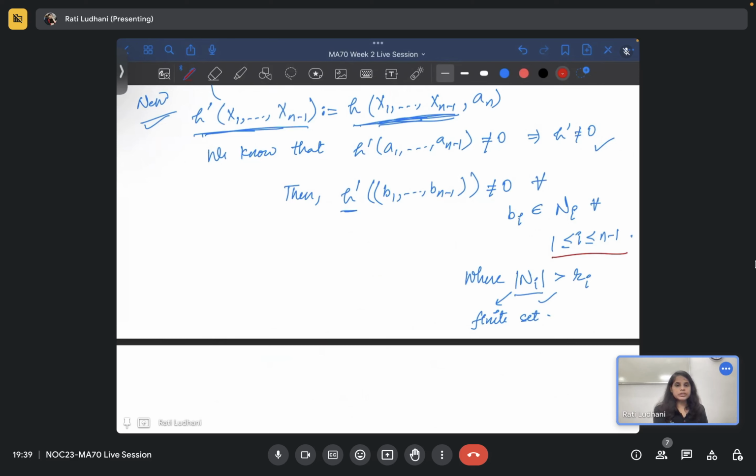That I need to create. From the induction hypothesis, this much I have, and we are not sure about h, we need to figure that out. This is for h dash. So h dash is non-zero, and from the induction hypothesis I will get this much information. And Ni is some finite set. Is that clear?